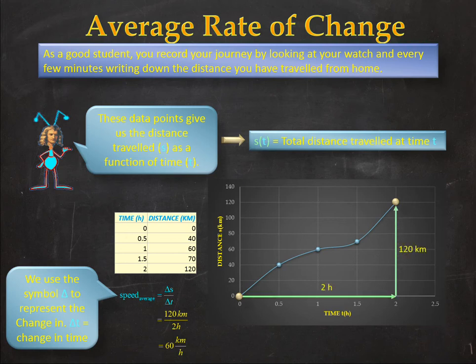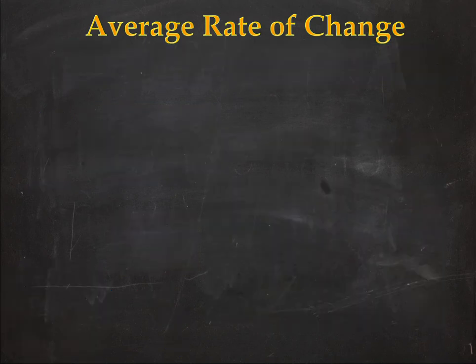So the change in time is 2 hours, and the change in position is 120 kilometers, and my average speed is change in position over change in time, which is like rise over run, and that is 60 kilometers an hour. So that gives us a nice introductory pictorial view of our average speed between time equals 0 and time equals 2.